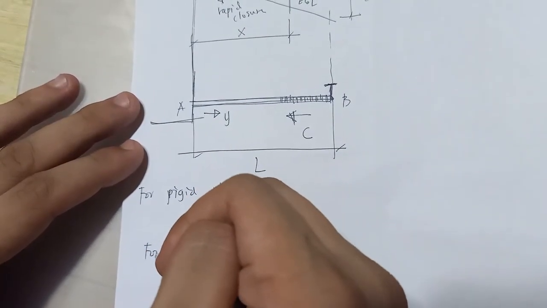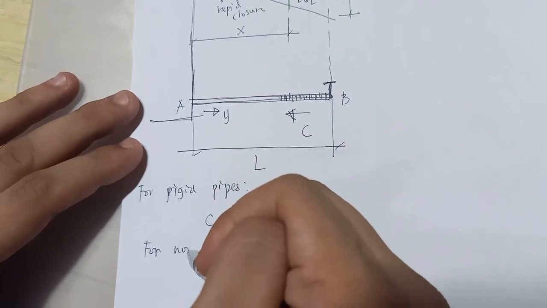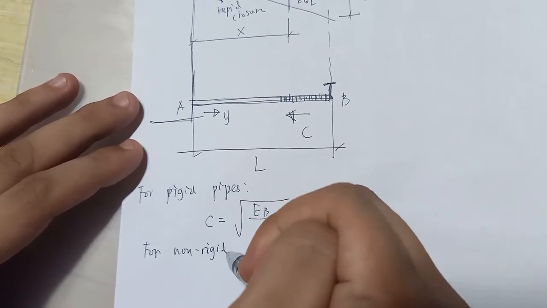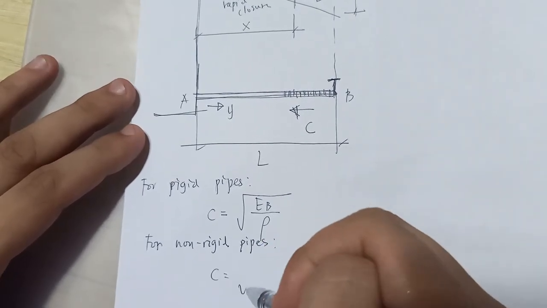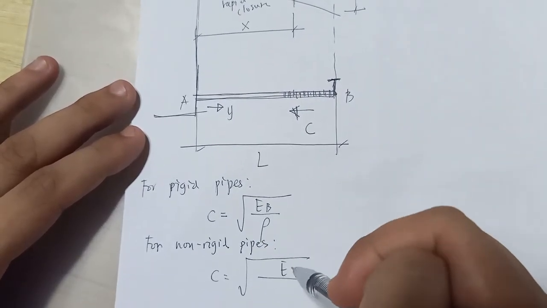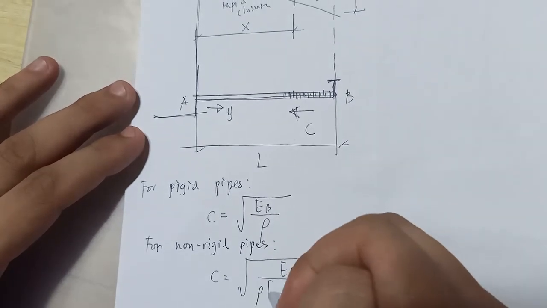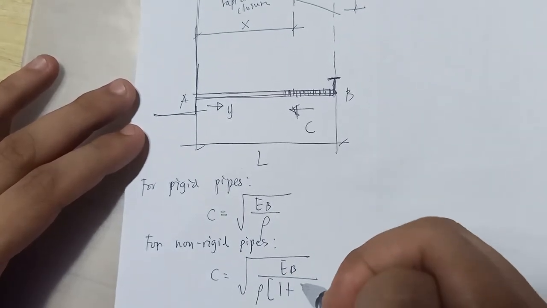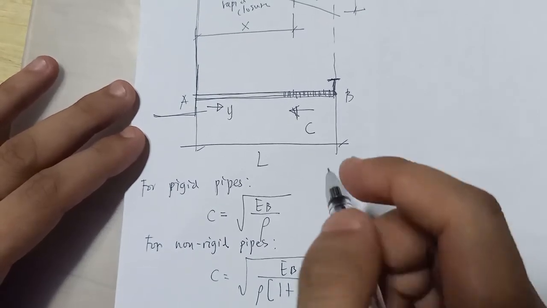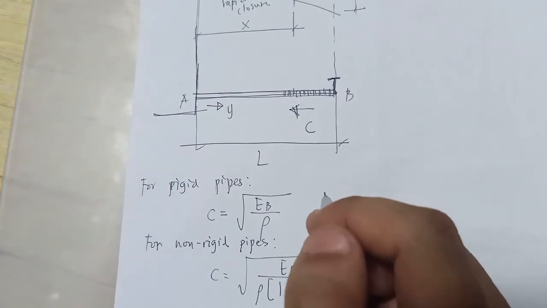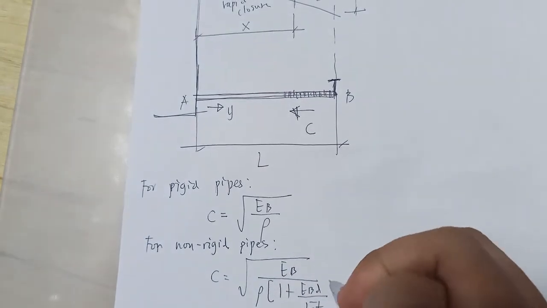And for non-rigid pipes, it is equal to the square root of E sub B over rho times 1 plus E sub B D over E T.